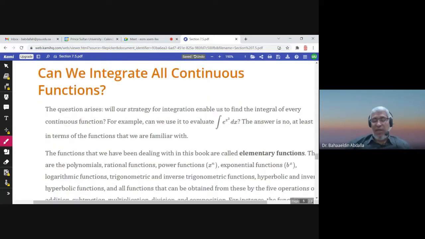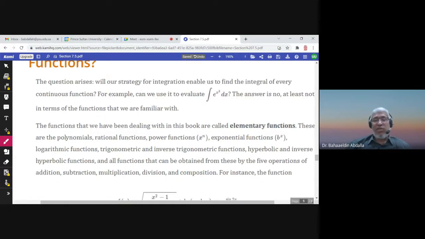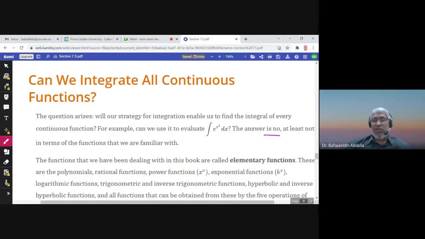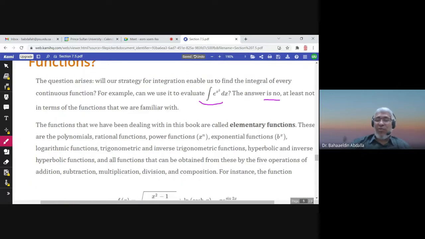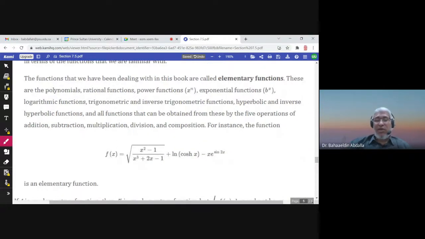Let us finally answer this question: can we integrate all continuous functions? The answer to this question is no, because for some functions, like the integral of e to the x squared, it has been proven that this integral cannot be written in terms of the elementary functions which we know.